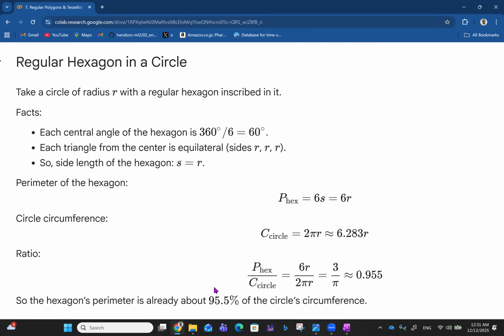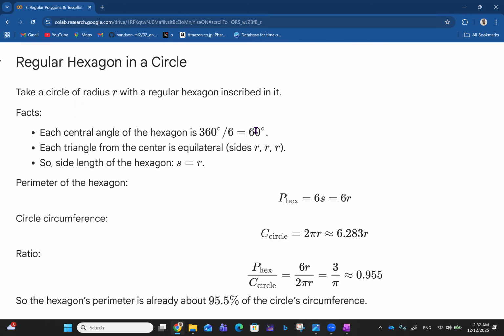So now if you increase it, instead of having a hexagon, you now want a 20-sided shape, right? 360 over 20, that's 36 over 2, that's 18 degrees.